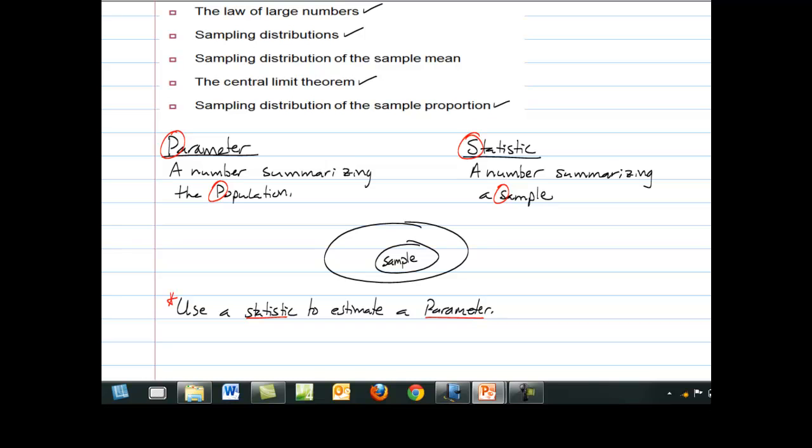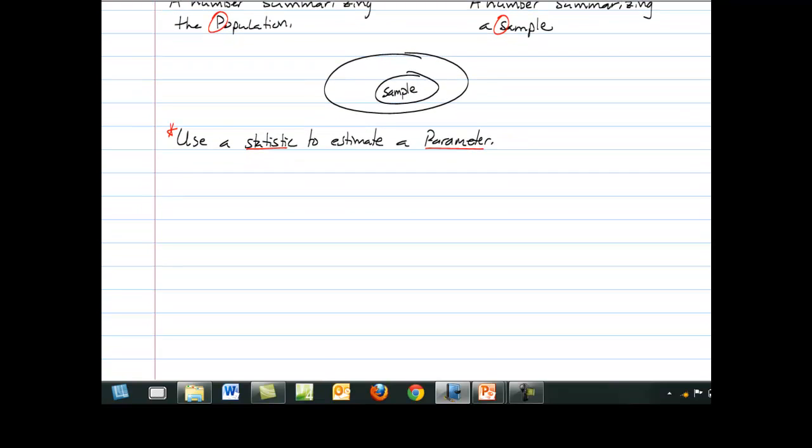Well, one of the ways that we can use this idea of parameter and statistics is with the law of large numbers. Now the large numbers that this law is referring to is basically our sample size.